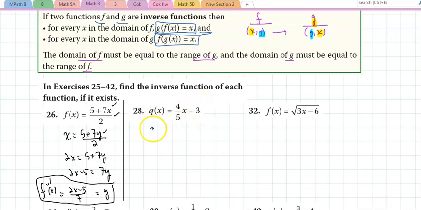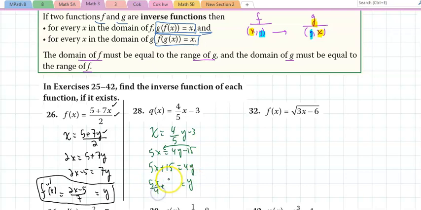What I do, I switch x with y, clear the fractions, solve for y, and I could divide the whole thing. I could divide those individually. It makes no difference. And I label that as my inverse. And that's how it works.